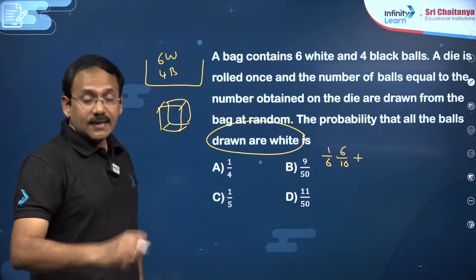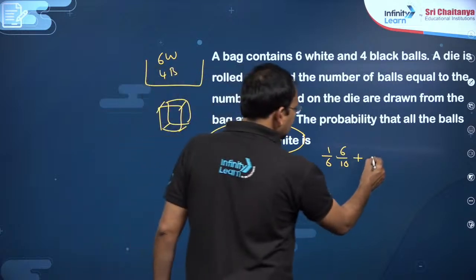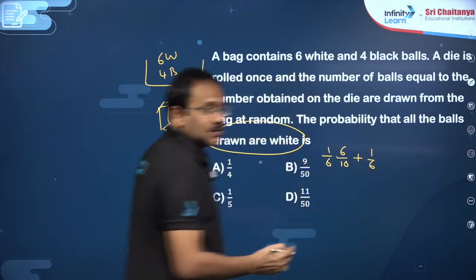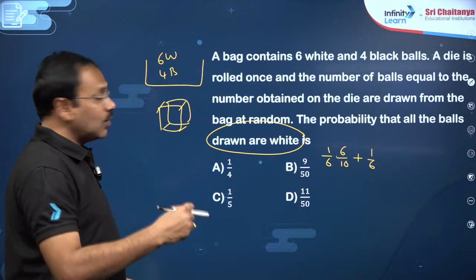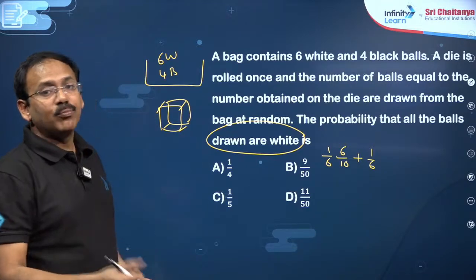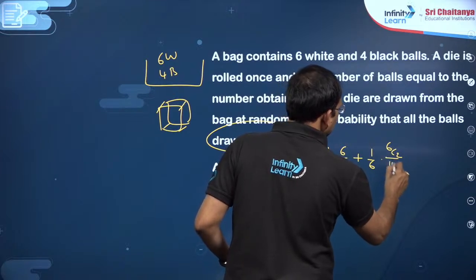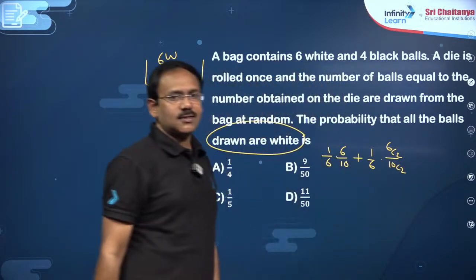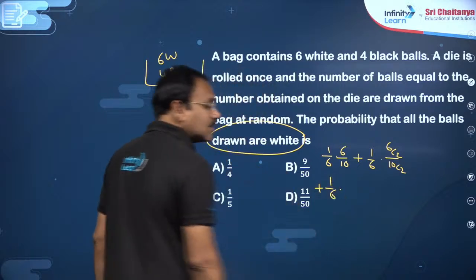Or a die is thrown and you got 2. The probability is 1 by 6. When a die is thrown, to get number 2 is probability 1 by 6. Now you have to draw 2 balls, both must be white. You can write 6C2 by 10C2. Correct. Next, you have to get 3, probability is 1 by 6.